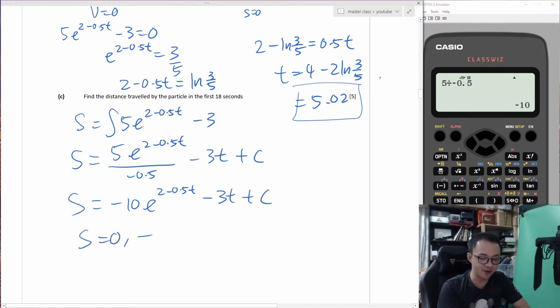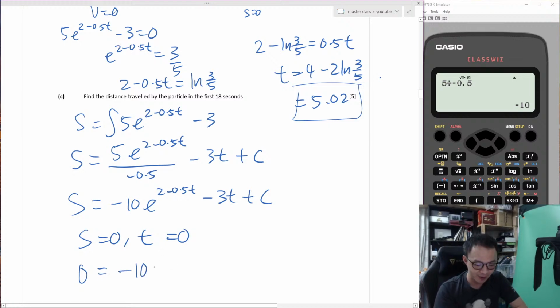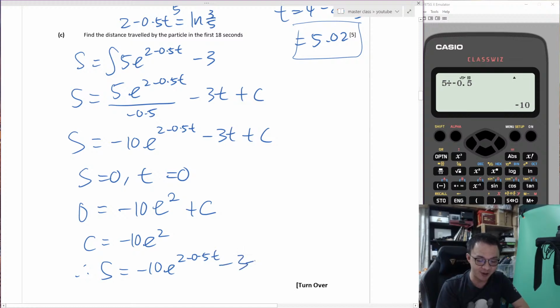Since s equals 0 when t equals 0 at point A, I just sub this value in. So it's negative 10 e^2 minus 0 plus c. Okay, so I got my c value. My c will be 10 e^2. So my equation of s should be negative 10 e^(2 - 0.5t) minus 3t plus 10 e^2.